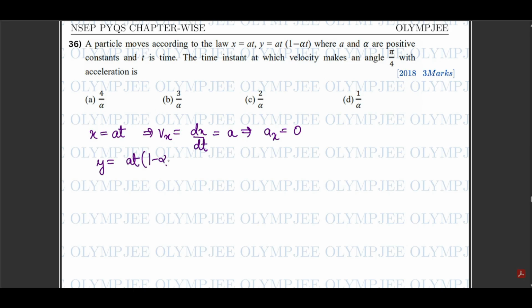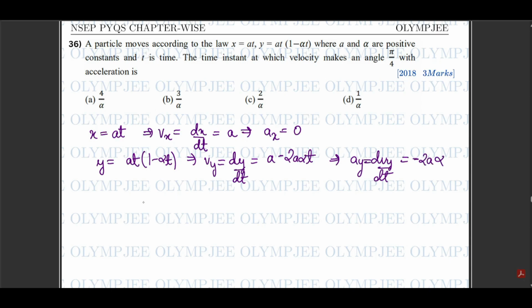at1 minus alpha t, which implies vy is equal to dy by dt, which implies vy is equal to a minus 2a alpha t, which implies ay is equal to dvy by dt, which is minus 2a alpha.